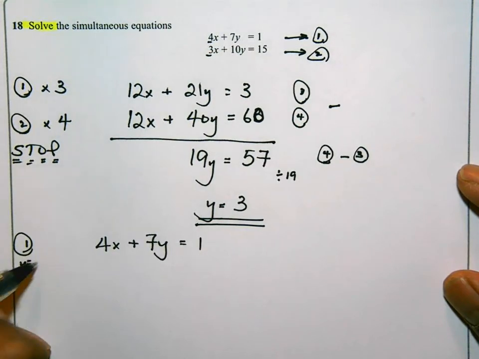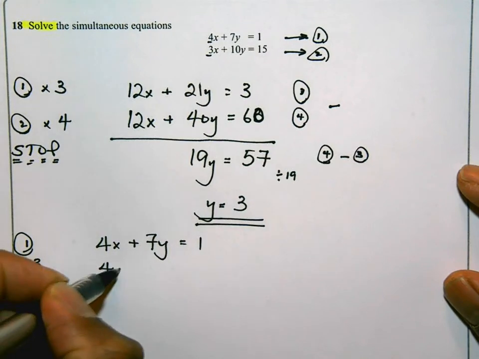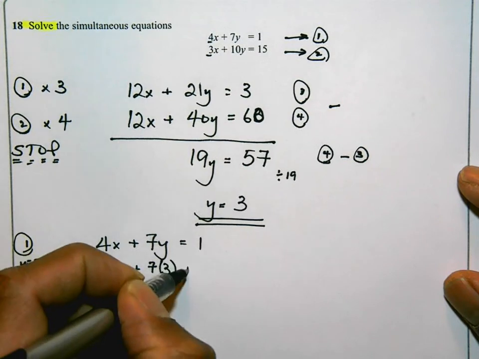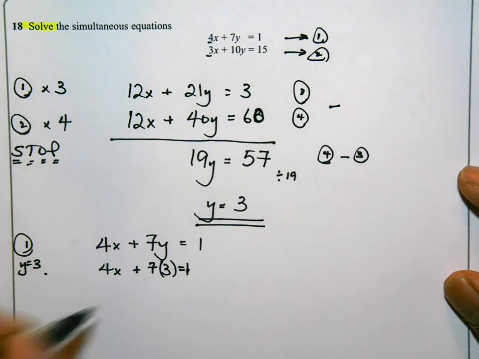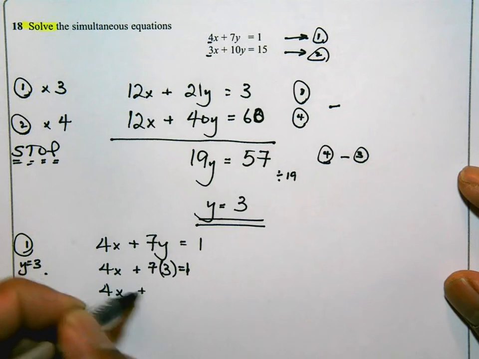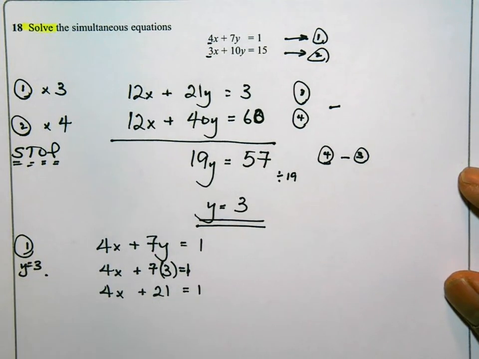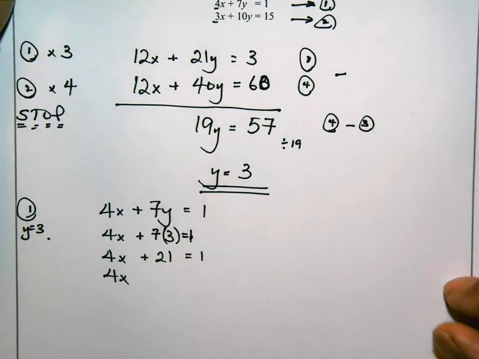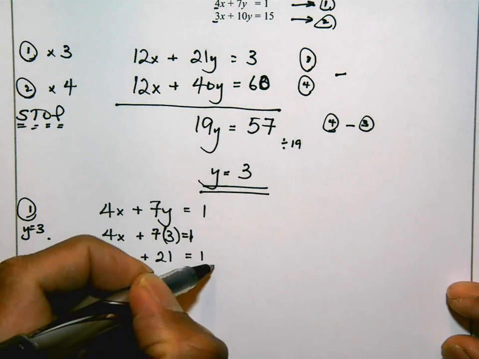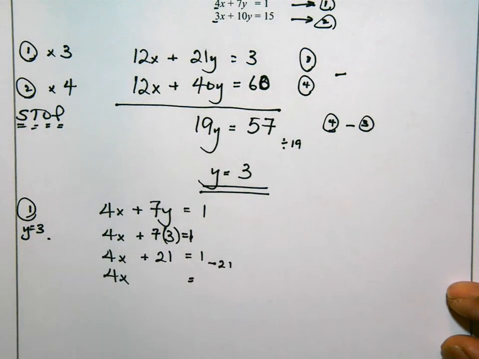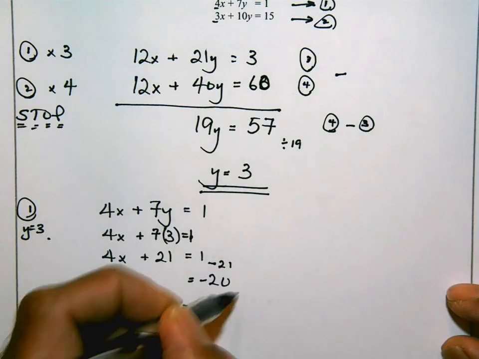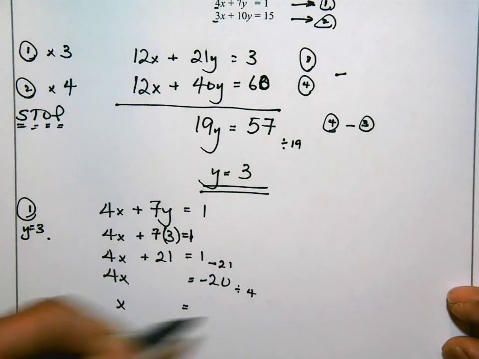So that's going to be 4x plus 7 times 3 is equal to 1. 4x plus 21 is equal to 1. 4x is equal to, now, 1 take away 21 is minus 20. x is equal to minus 20 divided by 4, which is minus 5.